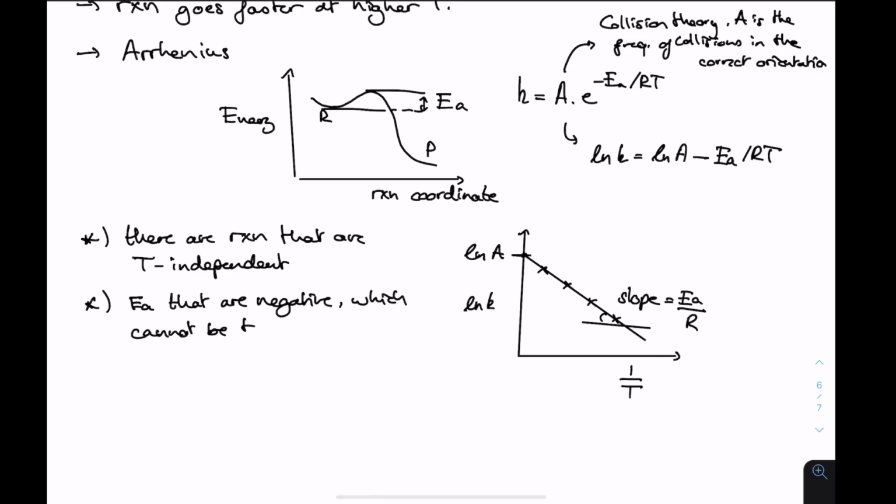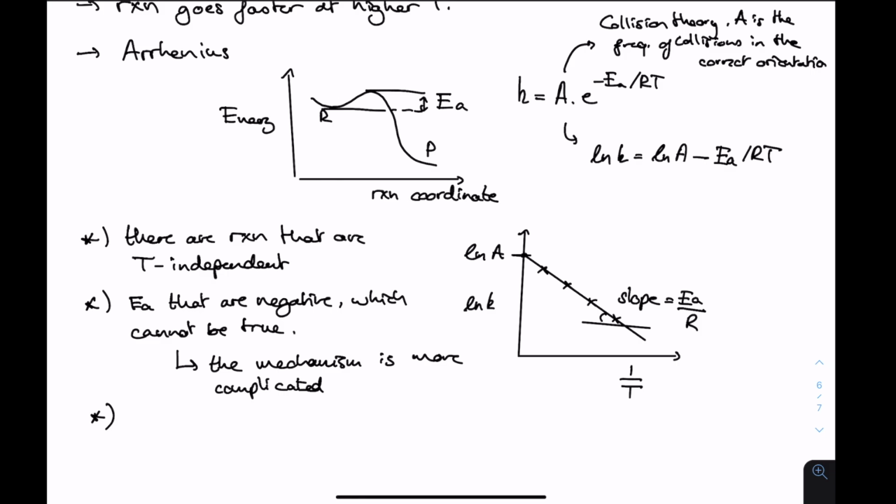It cannot be true. So it means the mechanism is just more complicated. So if you see negative values of EA, something is wrong. And the plot of the dependence on temperature can be curved as well. So it's not always a very simple relationship with temperature.